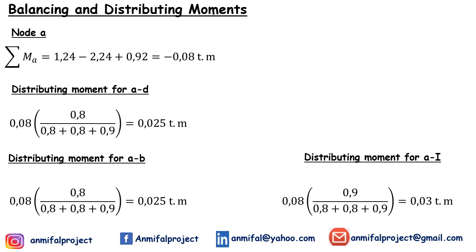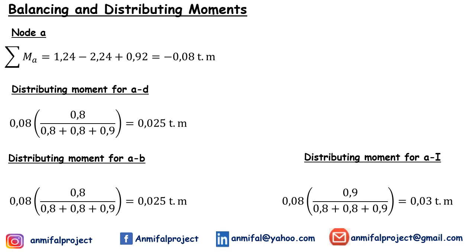Now we have an error of minus 0.08 ton meters, and we are going to use this for calculating the moment distributions for every section, ED, EB, and E1.